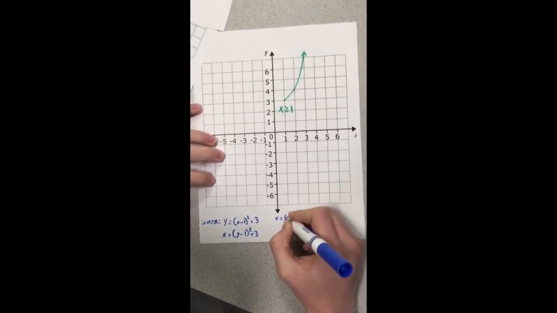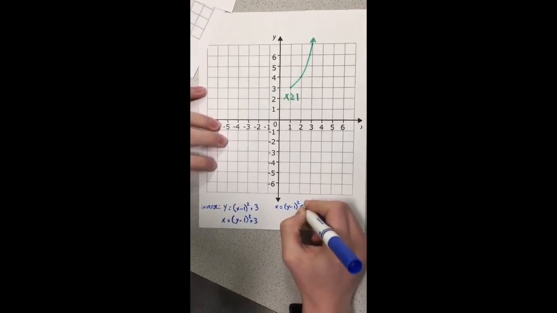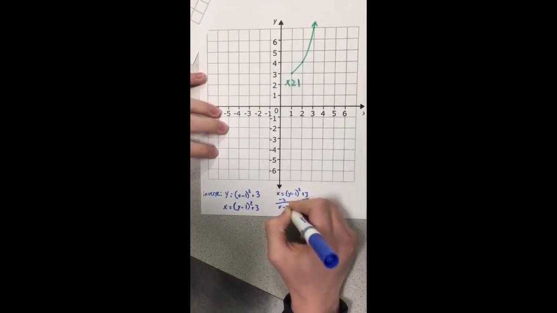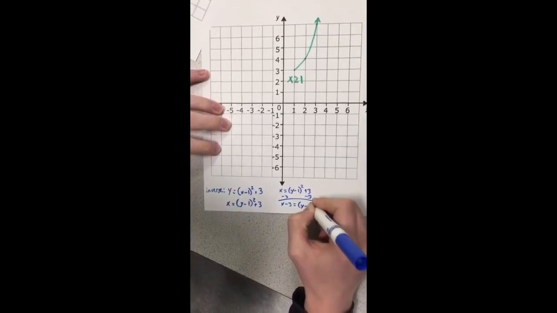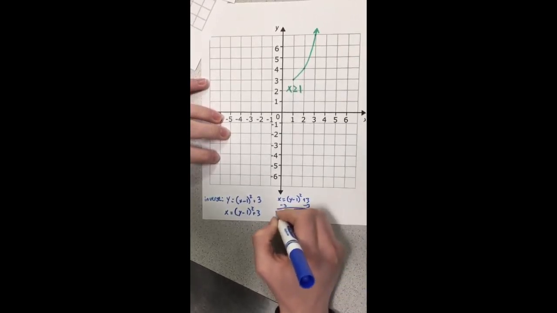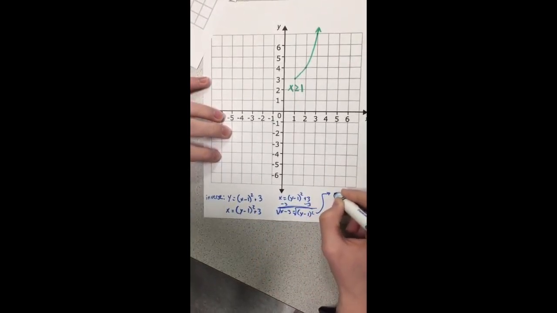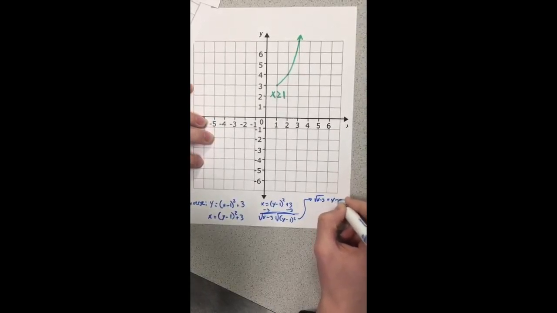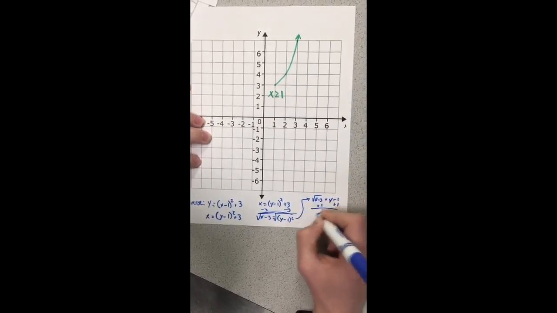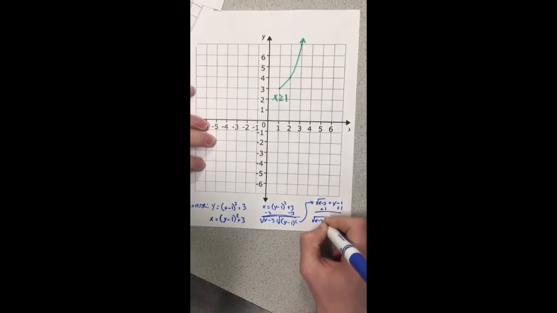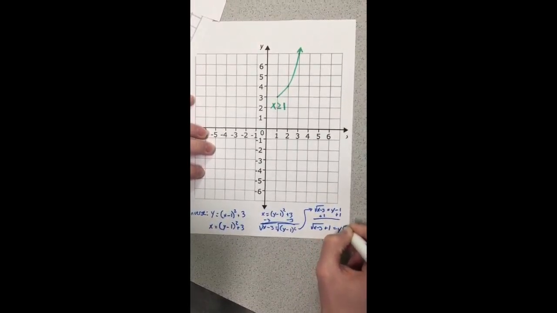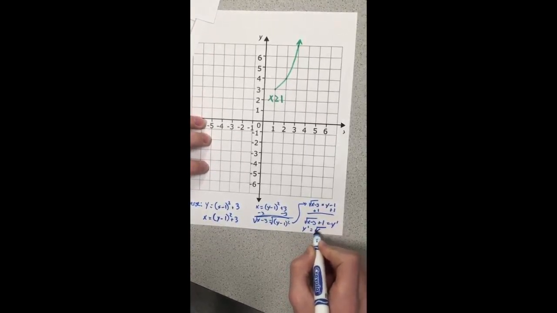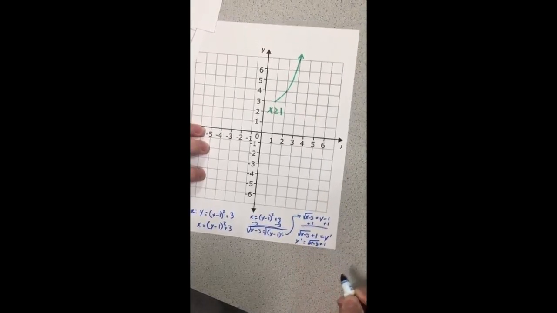So first thing that you do is you subtract 3, so it's x minus 3 equals y minus 1 squared, then you radical it, and then it goes to radical x minus 3 equals y minus 1, then you just add the 1. So this is y prime equals radical x minus 3 plus 1.